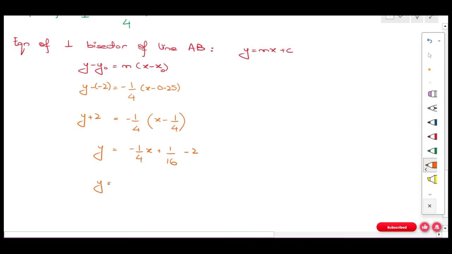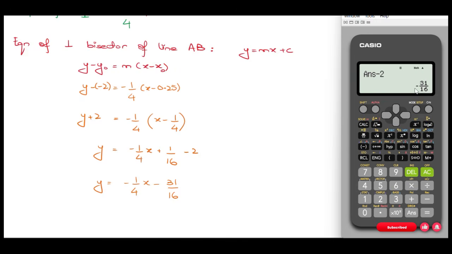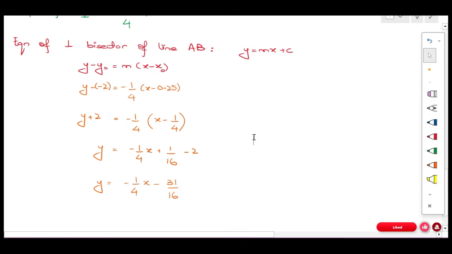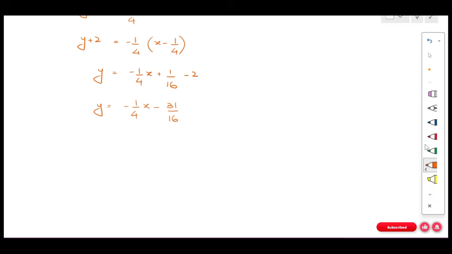So y equals minus 1 over 4x minus 31 over 16. Is it plus 31 over 16 or minus? Yeah, minus 31 over 16. All right, so this is my equation of the perpendicular bisector of the line AB.